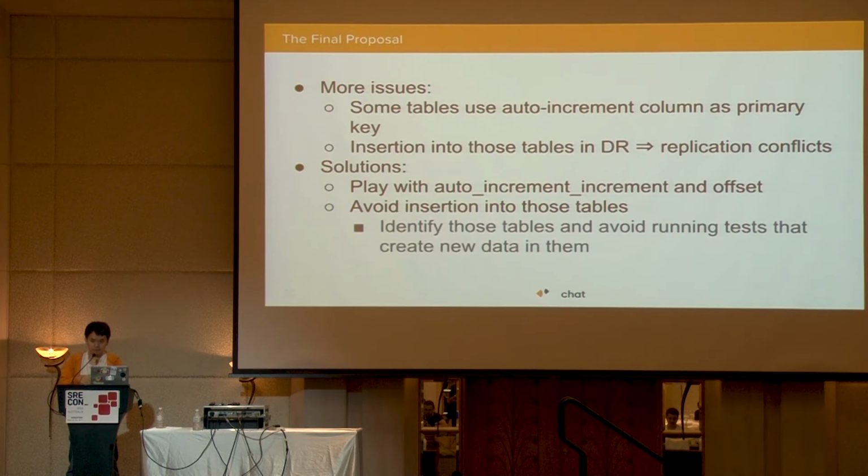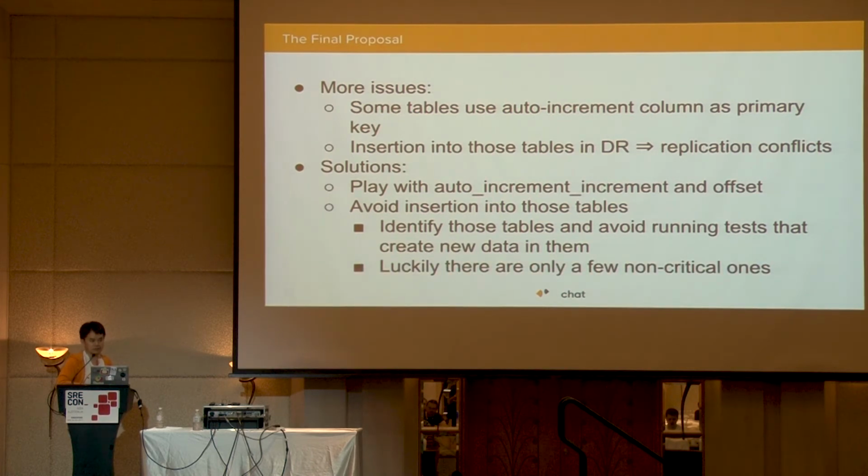And luckily, we found that there are not too many of those tables, and they are not so critical that we really have to test them in that environment. So if those test cases failed in real life, we can accept that.